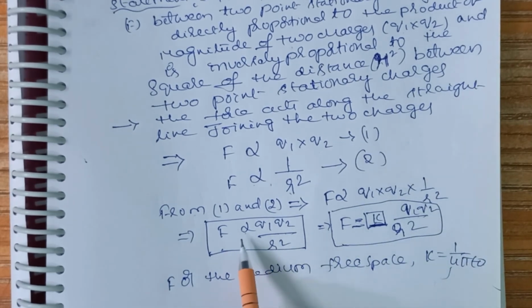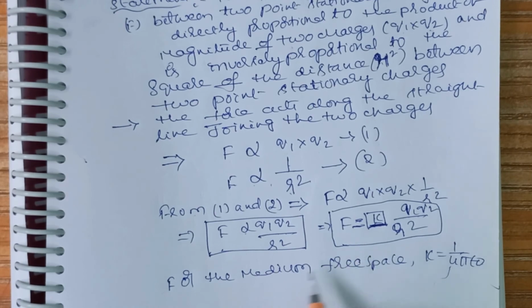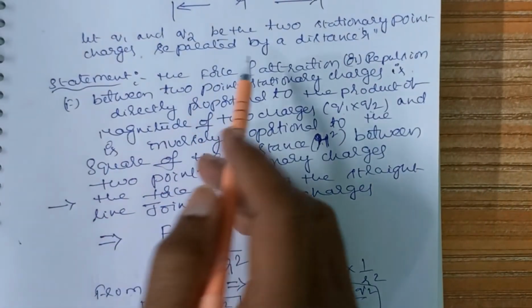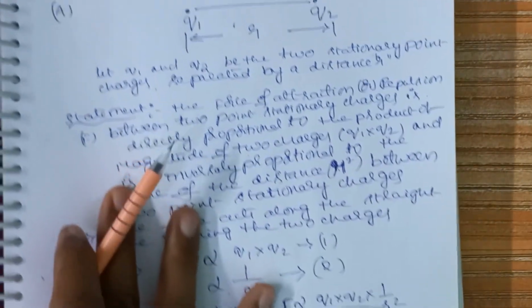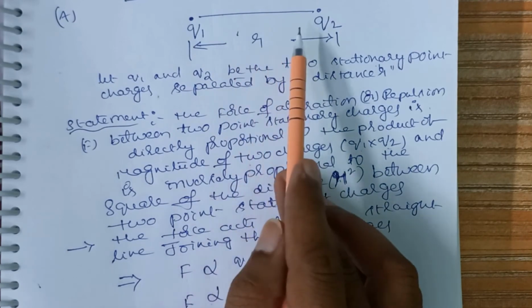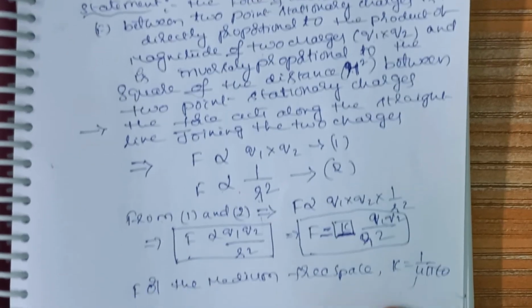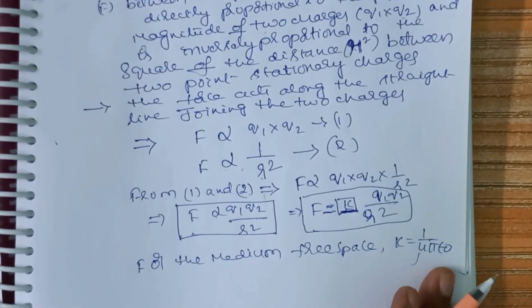Suppose the medium between Q1 and Q2 is air or vacuum, then k is taken as 1 by 4 pi epsilon naught.